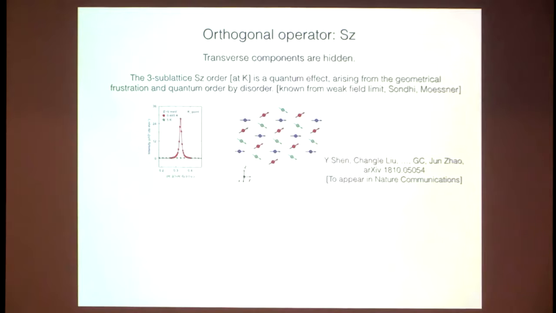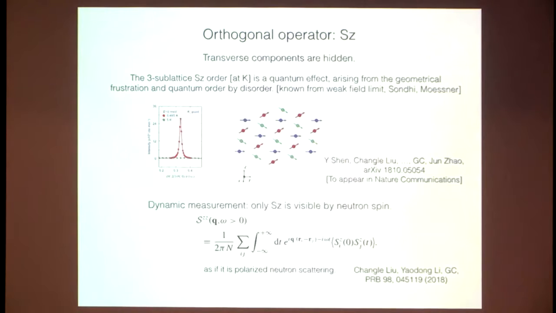So the in-plane components, the A, B directions, are invisible. Neutrons only measure the z component of spin. So the magnetic order at the K point is an indication that the system orders with the Sz component ordered, and it's a three sublattice magnetic structure, which is consistent with the theoretical result. And the dynamic spin structure measurement is only measuring the Sz component of spin.